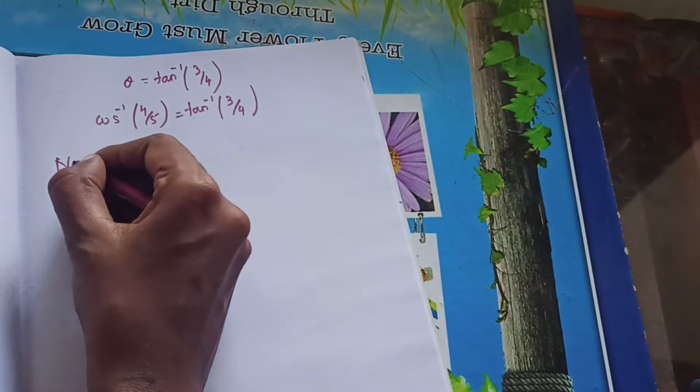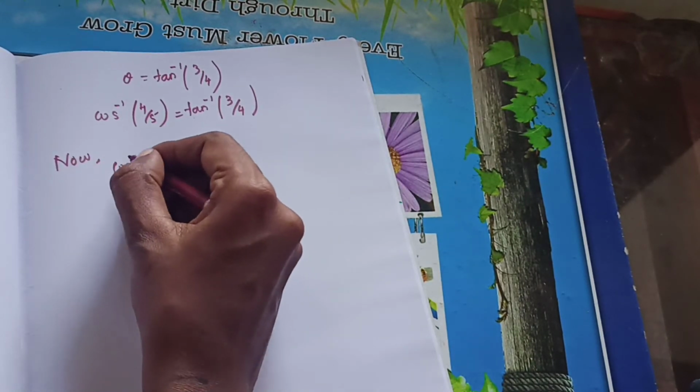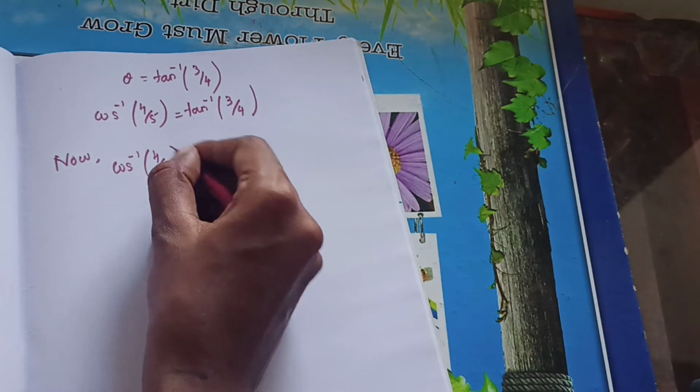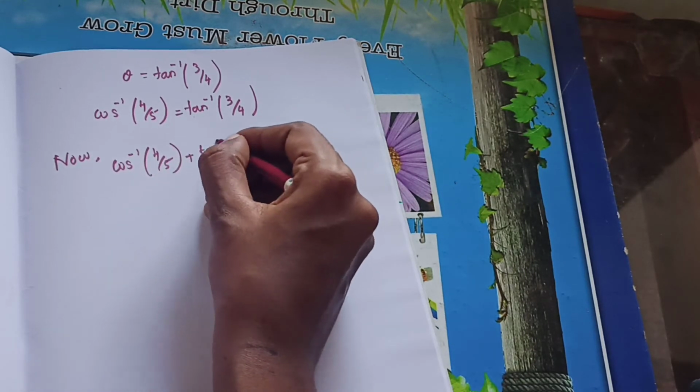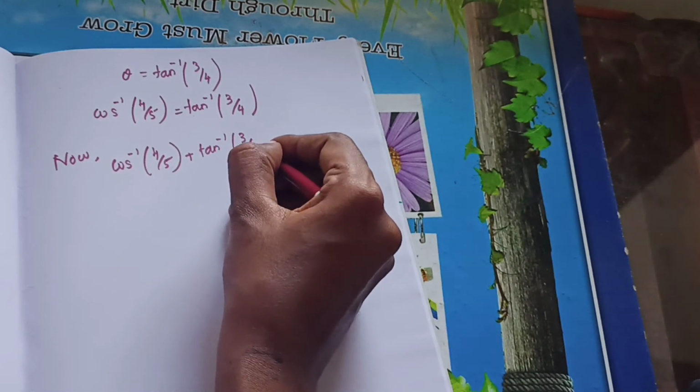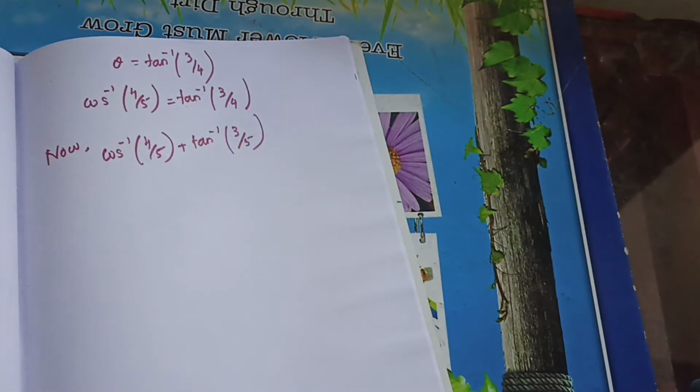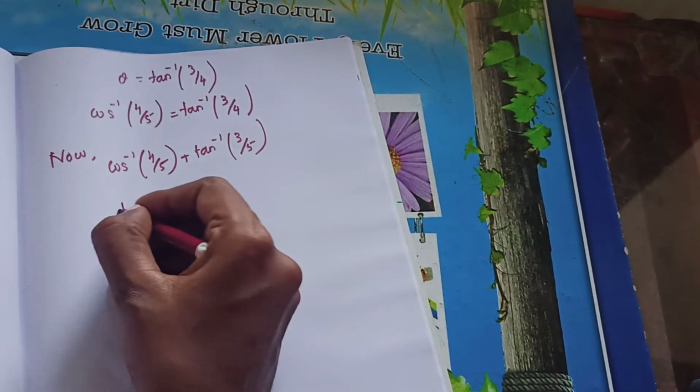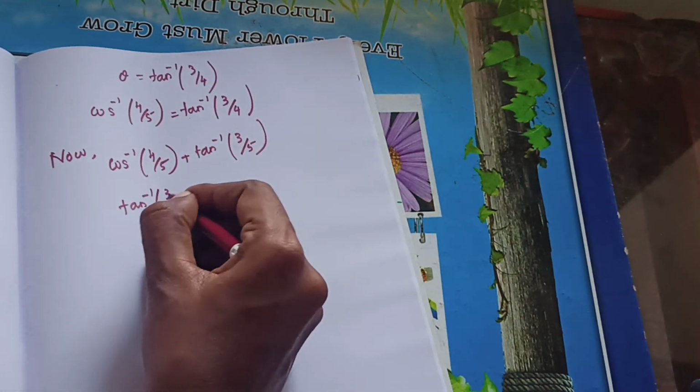Now we are going to add this: cos inverse of 4 by 5 plus tan inverse of 3 by 5. So cos inverse of 4 by 5 will be the same as tan inverse of 3 by 4, correct? So this is the same as tan inverse of 3 by 4.